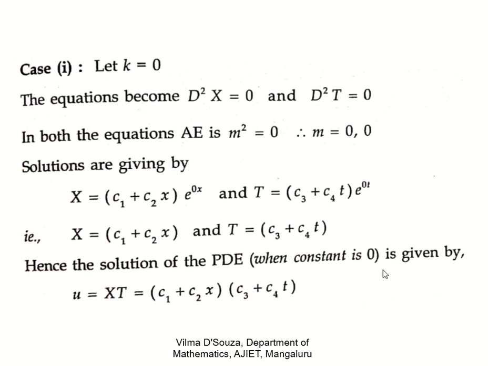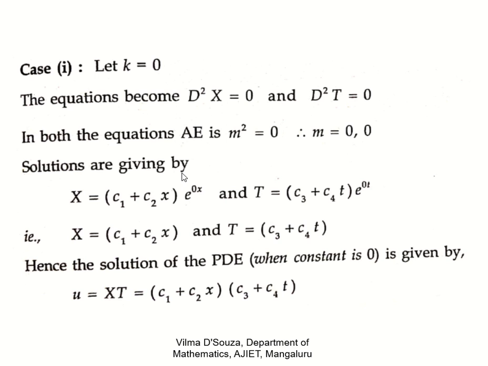So what is the solution in this case? When k equals 0, u is equal to X into T, that is (c1 plus c2 x) into (c3 plus c4 t). So this is the first case, when k equals 0.